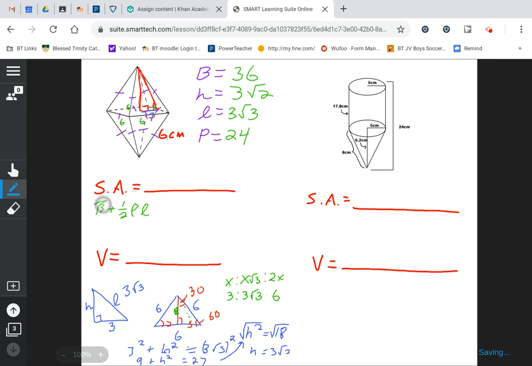But since the base is covered up, it's not on the surface. That gets ignored. And then 1/2 PL would only take the top half. And since there are double of them, we're going to double this by 2. So it's really just going to be PL, which in this case is going to be 24 times 3 root 3. Now, 24 times 3 is going to be 72 root 3.